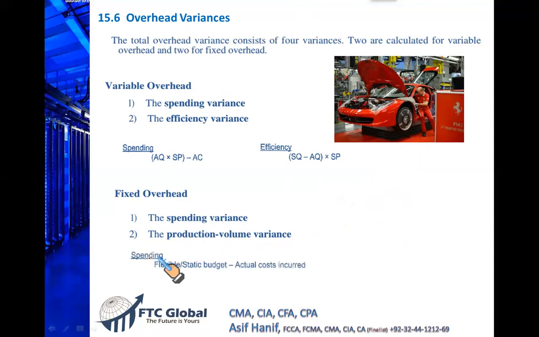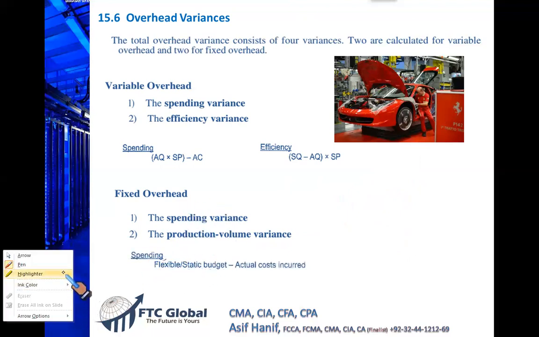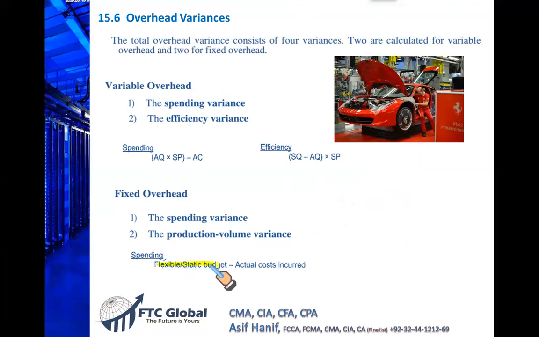Now, how do we calculate the spending variance? Spending variance is simply how much you should have spent as per our budget, and what was the actual cost. It's very simple and straightforward. As per our original budget, let's say our fixed cost should have been $100,000 for rent, insurance, and all the fixed costs. But our actual fixed cost, maybe it's 110,000. In that case, it is 10,000 adverse, negative.